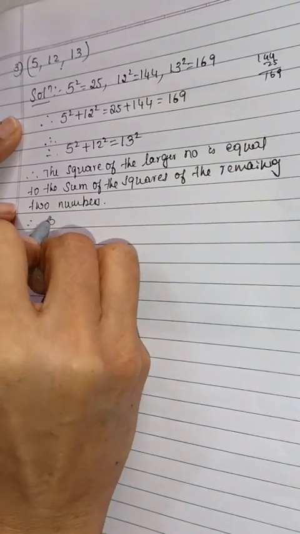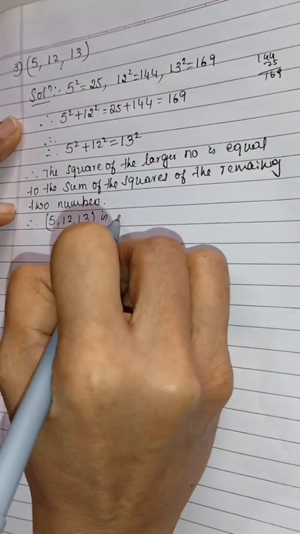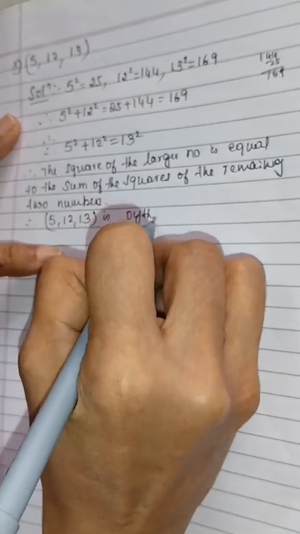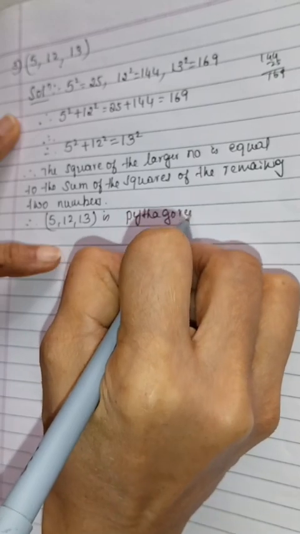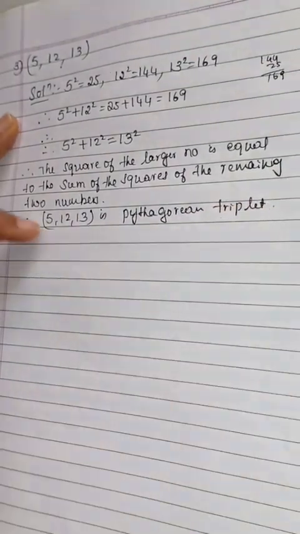Therefore 5, 12, 13 is a Pythagorean triplet. Okay.